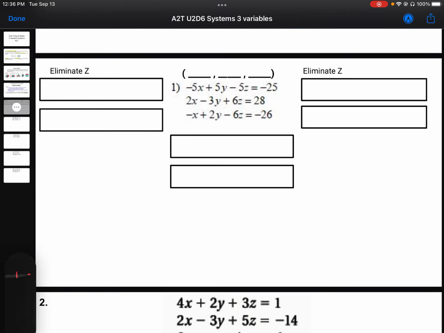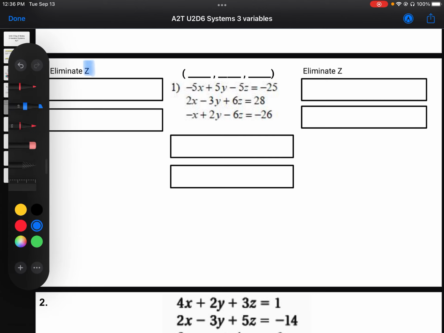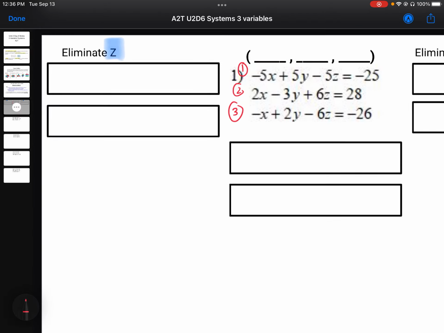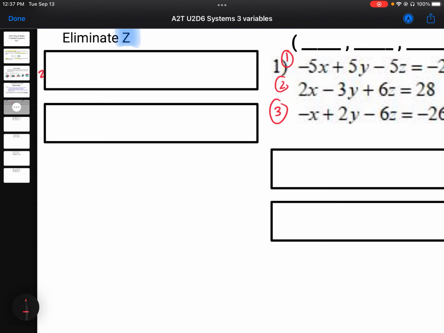So I'm going to start this one out and tell you this time you must eliminate z. We're tackling z first. So when I do this, I'm going to call this equation 1, 2, and 3. My goal is to eliminate z. So if I take a look, let's first take equation 2 and equation 3 over here.